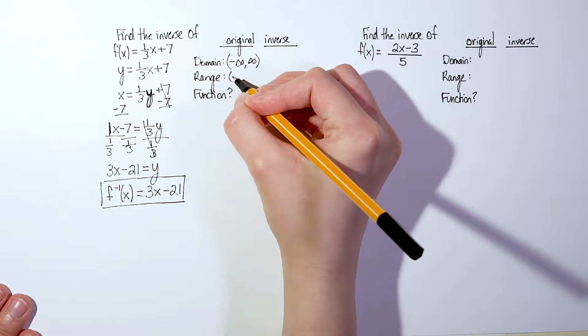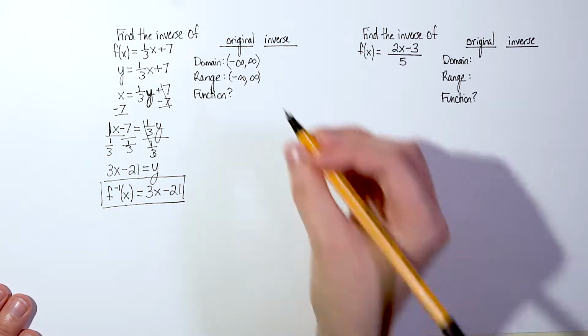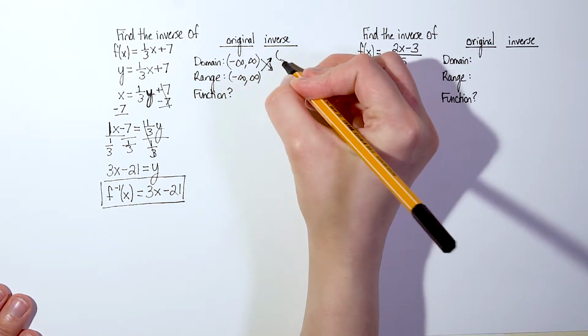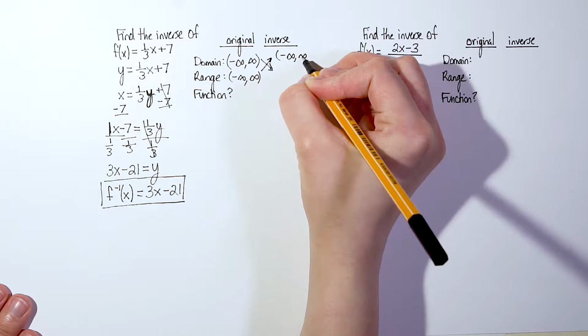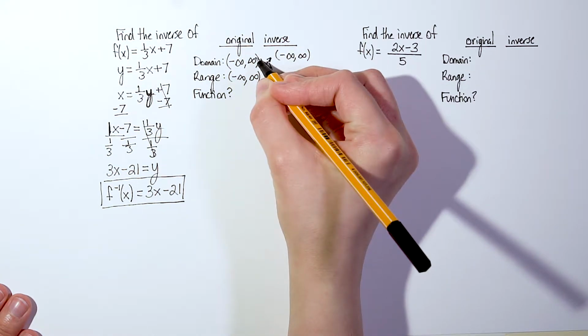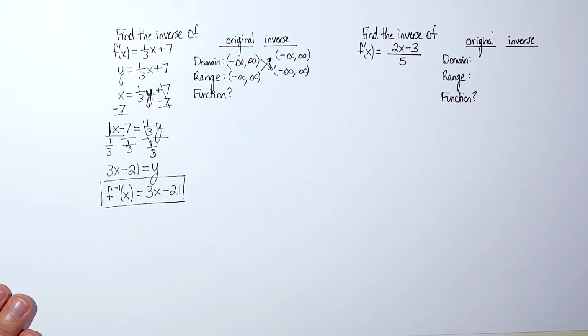And our range is also negative to positive infinity. And if we wanted to do the inverse, we know we can make quick work of this by just switching. Whatever we have in the range is brought up to the domain, and whatever's in the domain is brought down to the range. In this case, they're the same, so we don't really get to see a cool change there.